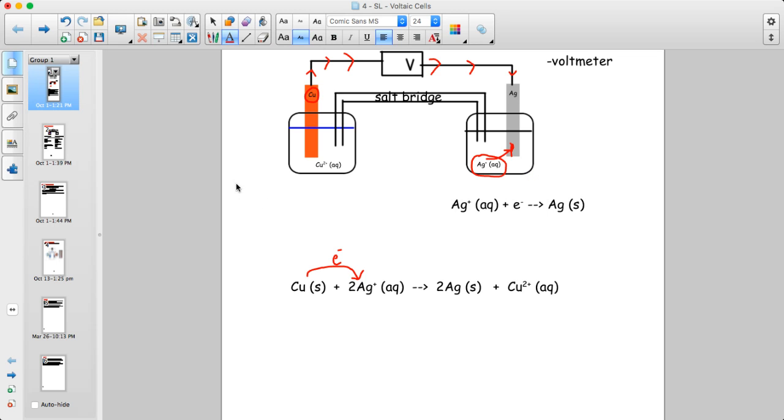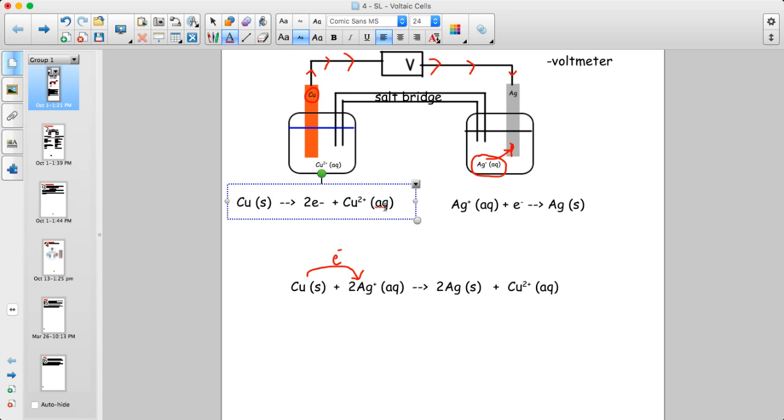Well, on this side, when the copper gives up those electrons, it gives away 2 electrons, and it ends up forming copper ions. Okay, and so it dissolves apart, gives away 2 electrons, and turns into these copper 2 plus ions.